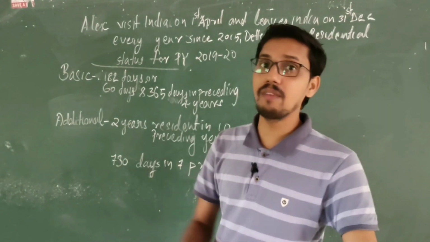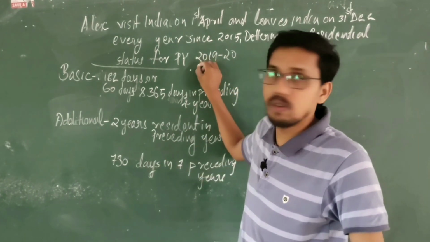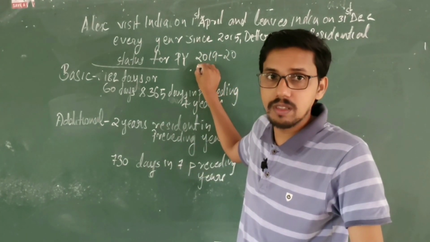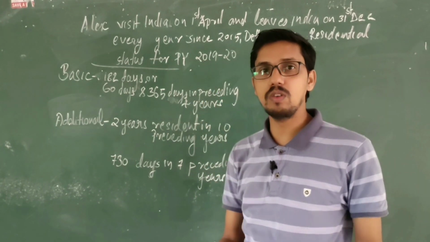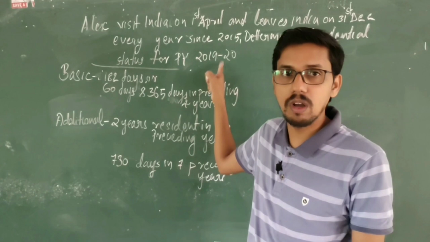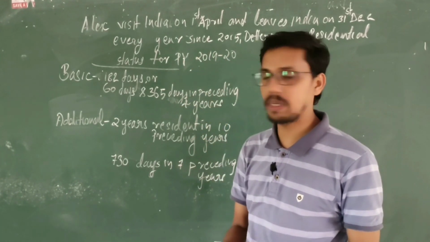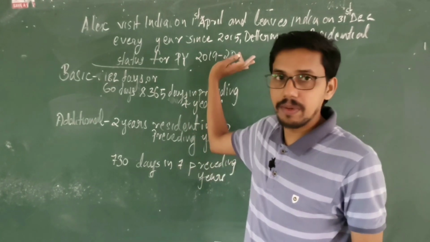Here the relevant previous year is 2019-20. This will be your previous year for all the numericals that you are doing. I mean, you are learning the income tax rules of the previous year 2019-20, so the questions may always be regarding this previous year. Keep in mind.